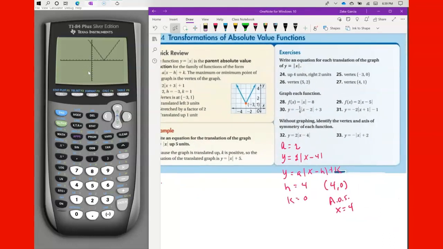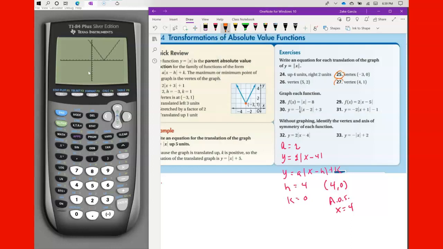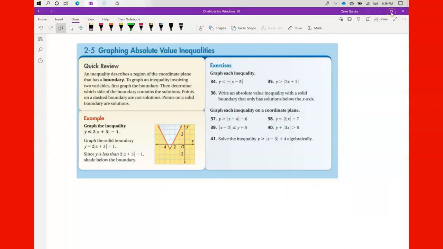So what you're going to have to do for homework is problems 25, 27, 29, 31, and 33. And I'm going to do problems 34, 37, 39, 41.